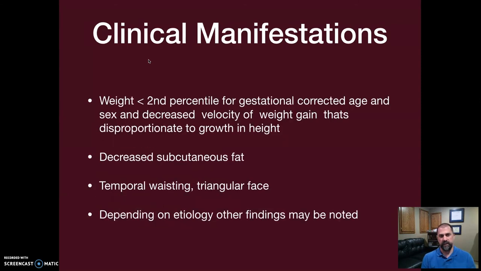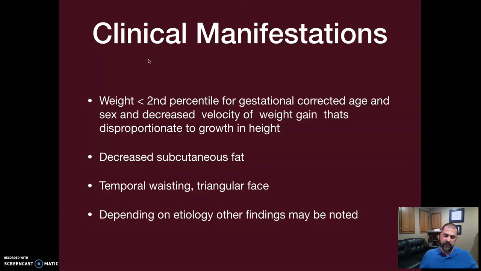Clinical manifestations, the biggest thing is that you're going to look at the growth chart. You will see that the weight is less than the second percentile for gestational corrected age and sex, and the decreased velocity of weight gain is disproportionate to the growth in height. You may also notice some other physical findings such as decrease in subcutaneous fat, temporal wasting, so that means there's not a lot of fat around the face, and so the face has a more triangular appearance.